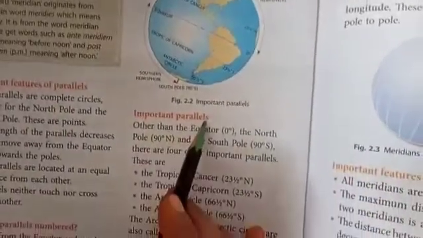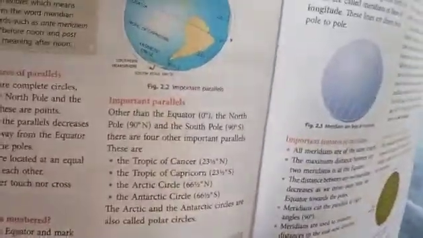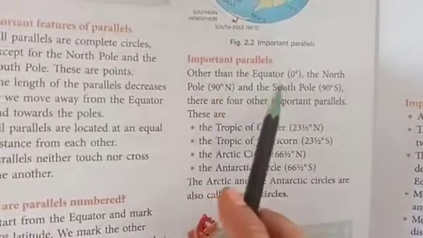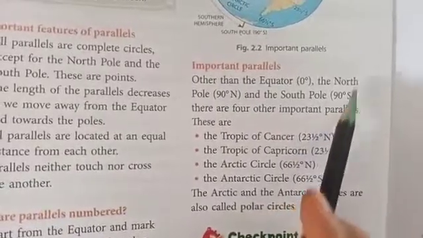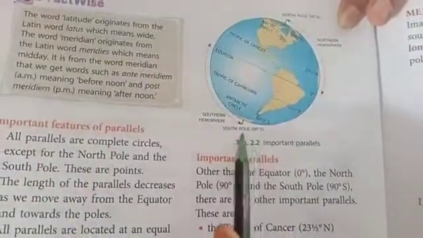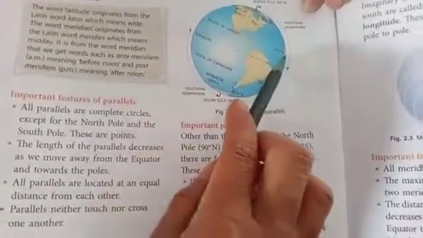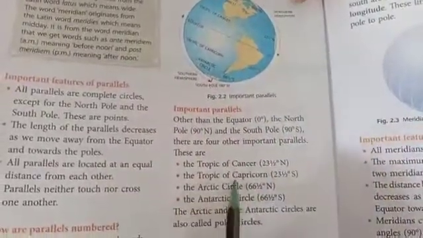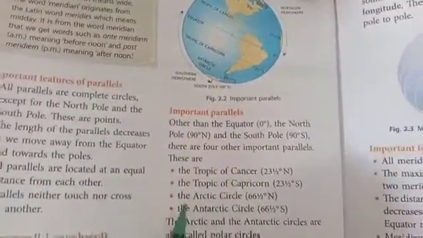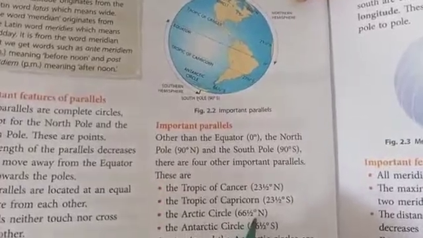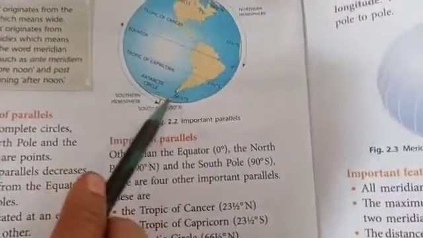Next one, important parallels. Other than the equator 0 degree, the north pole 90 degree N and the south pole 90 degree S, the Tropic of Cancer is 23.5 degree N. The Tropic of Capricorn is 23.5 degree S. The Arctic Circle is 66.5 degree N. Next one, the Antarctic Circle.